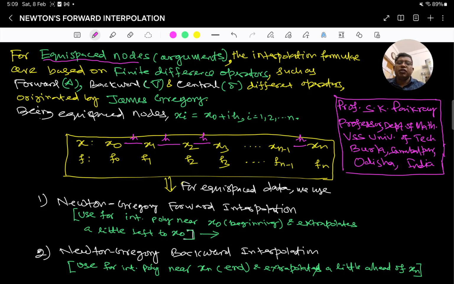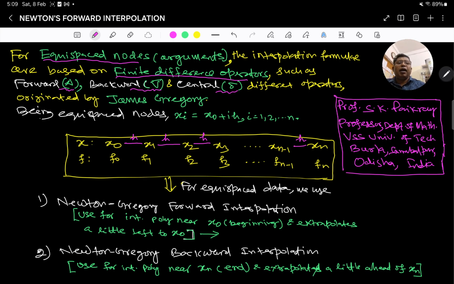But in the previous lecture we have seen that this gap was unequal. That's why it was an unequispaced case, right? So now for equispaced nodes, the interpolation is based on the finite difference operators, such as the forward operator delta, the inverted delta for the backward operator, and the central operator is small delta.